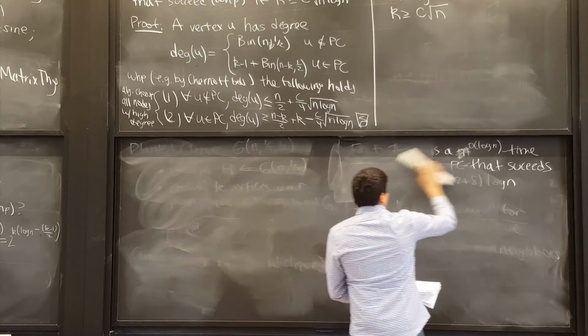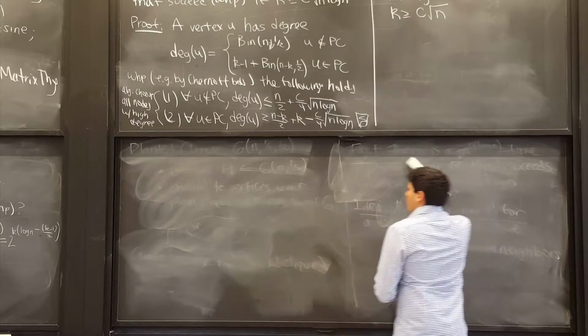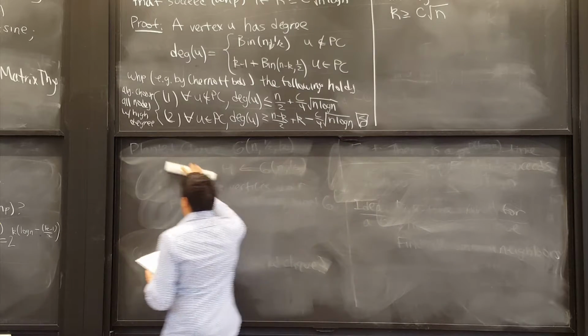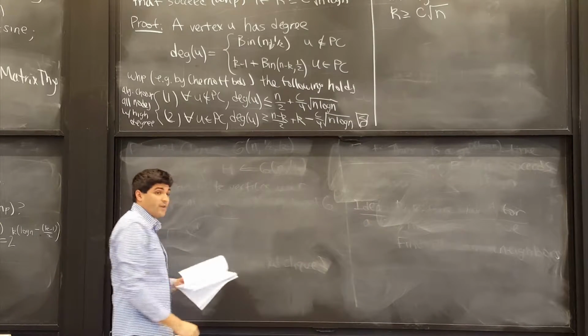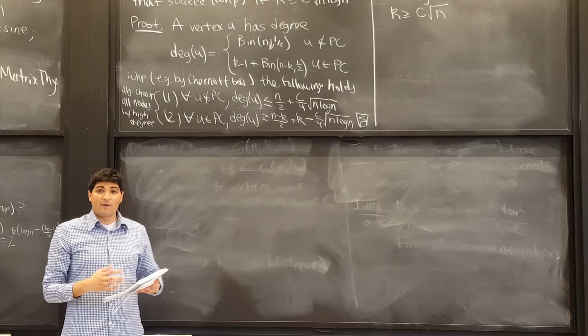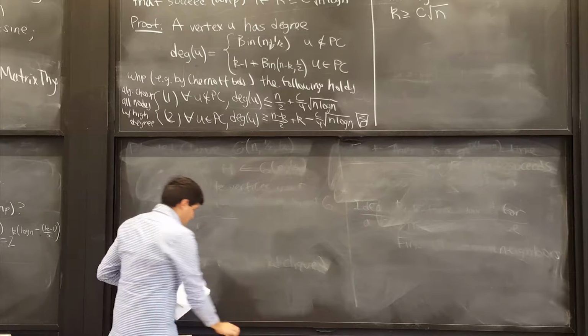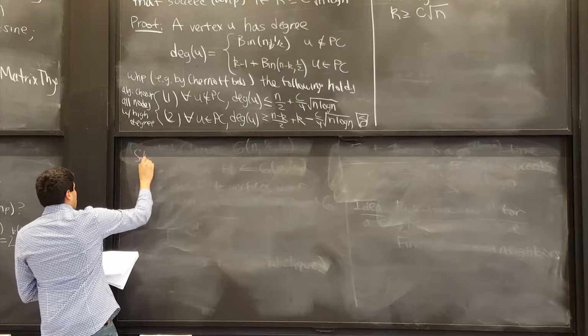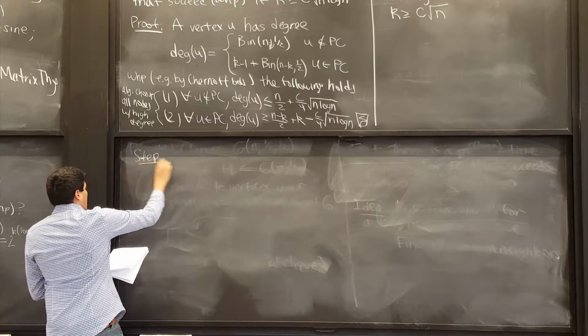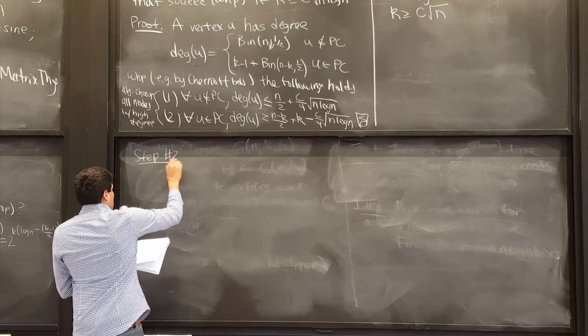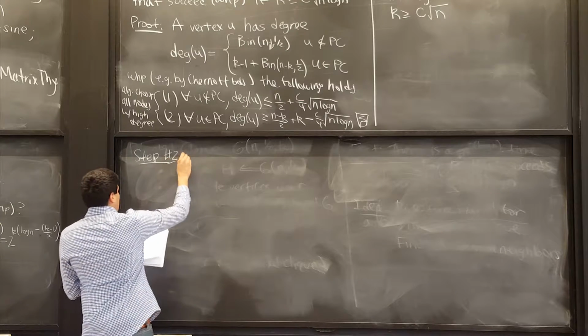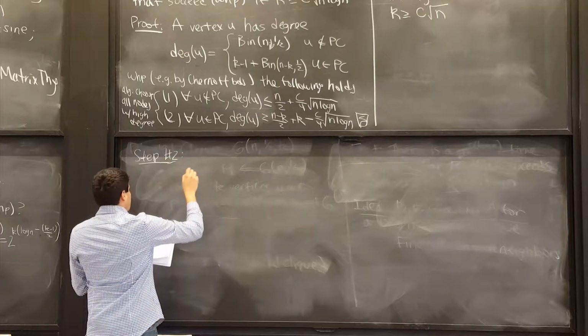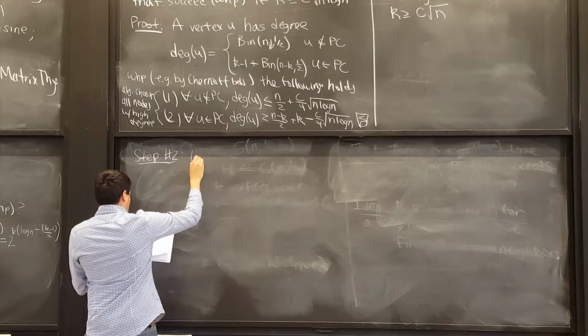But what I claim is, the main question here is how we can go from bounding what it looks like on one fixed vector x to saying something about all different vectors x. Of course, there are infinitely many such vectors. So the idea, which comes up all over the place, is to create a representative set for the entire sphere.